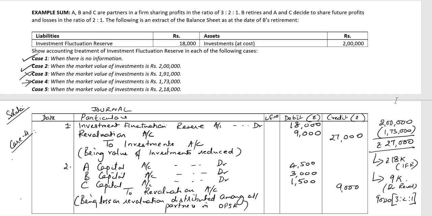So these are the two journal entries which need to be passed in case 4. In the reconstituted balance sheet, investments will appear on the asset side at rupees 1,73,000, and since we've utilized the entire investment fluctuation reserve, the reserve will not appear in the reconstituted balance sheet.